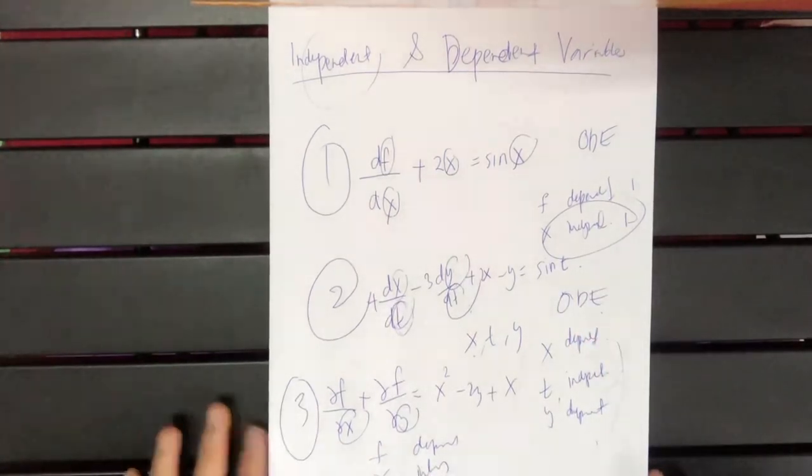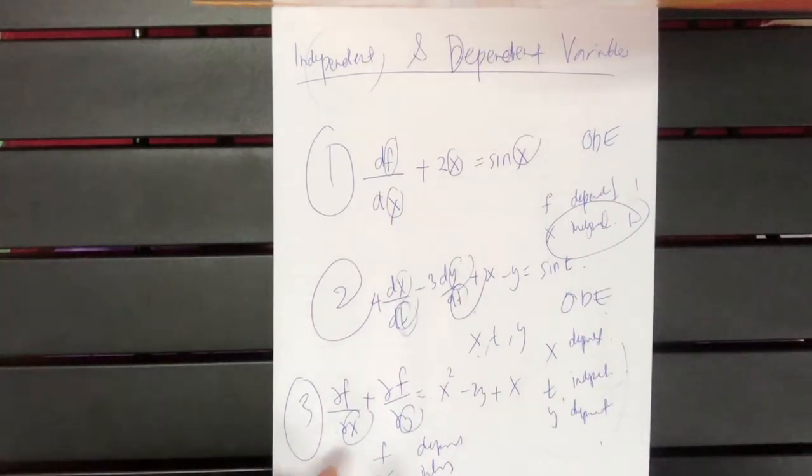Now go to the last question. We have f, y, x. f is dependent, so you can ignore the dependent and just focus on independent. Now you have x as independent and also y as independent variable. So you have 2 independent variables here. This means this is a PDE.